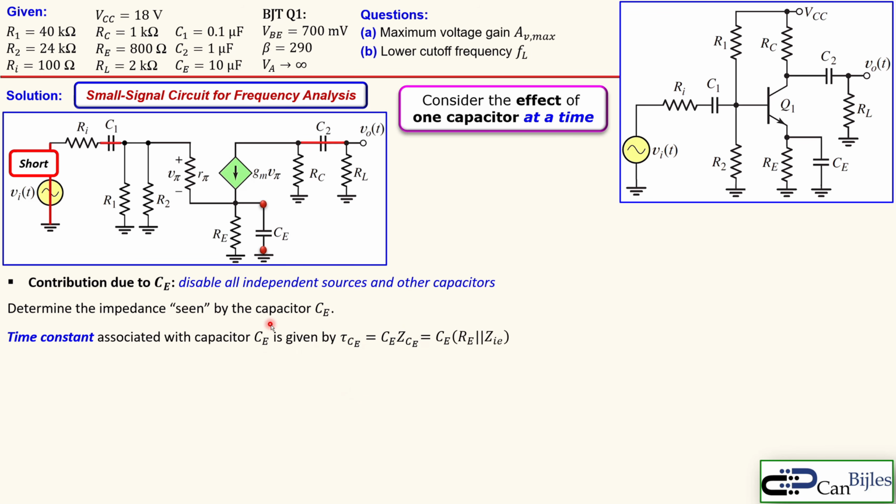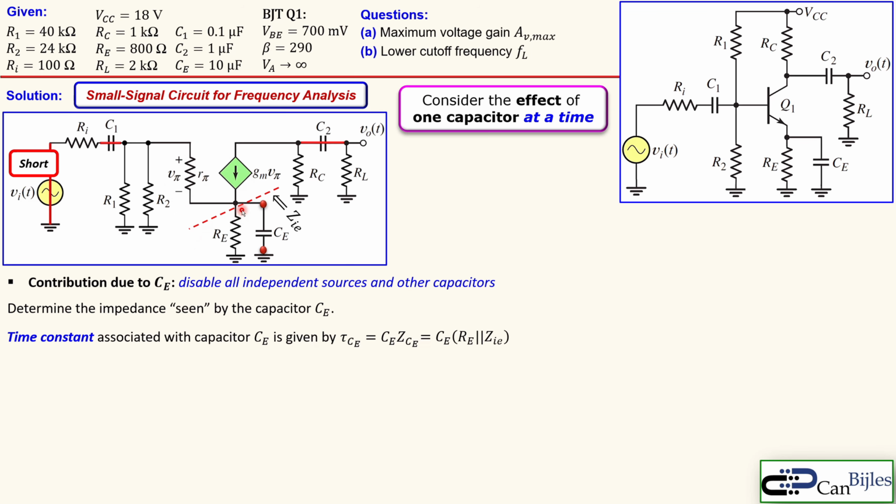In this case, it is the RE in parallel to this ZIE, and that is looking up here. Again, since we have an open circuit here, this goes, and we have now R pi and this Ri, R1 and R2 effectively in parallel, which is in series with R pi. So how do we determine that?